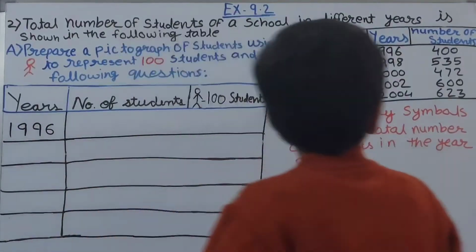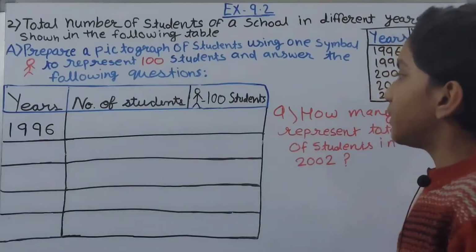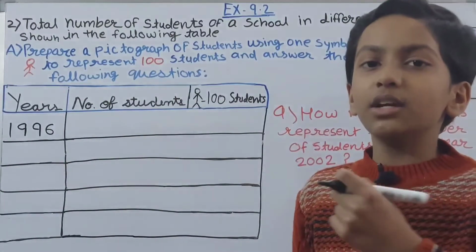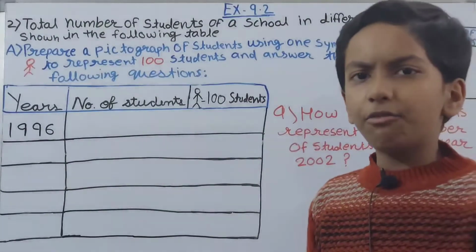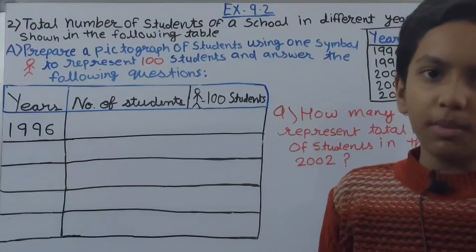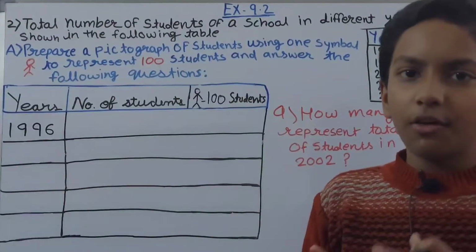Let's see, how many students are there? 400. Now to find out how many symbols we have to make, we will divide the number of students by 100. So 400 divided by 100 will give us 4.